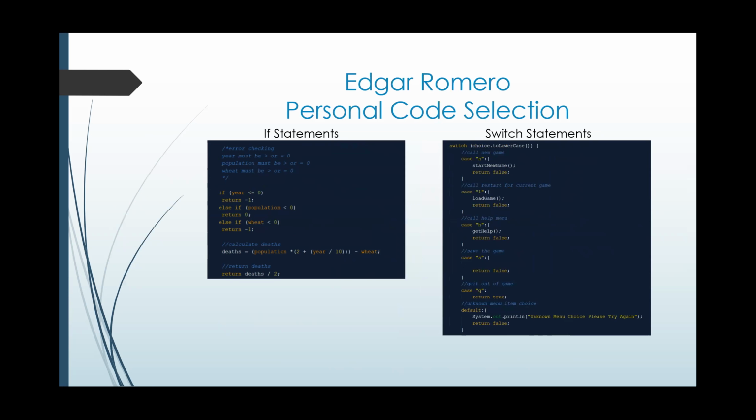Compared to the if statements, the if statements can be applied to a large number. For example, with a year, it could be 100 years, 200 years, or just one or two. But with the switch statements, we can have something more specific, and this is why we use these two statements.